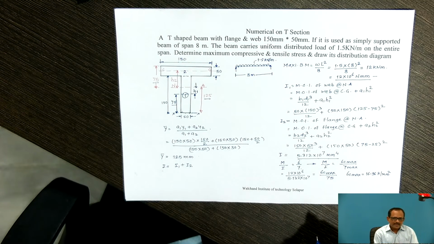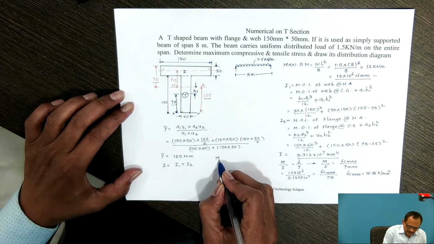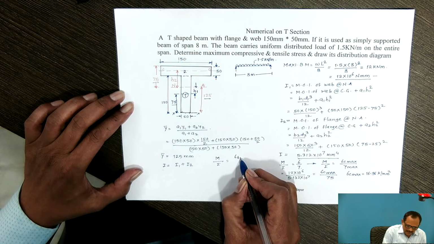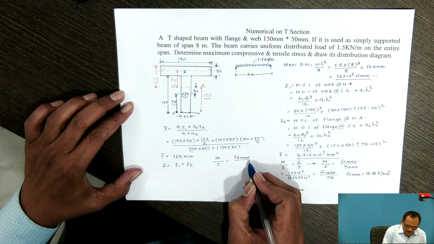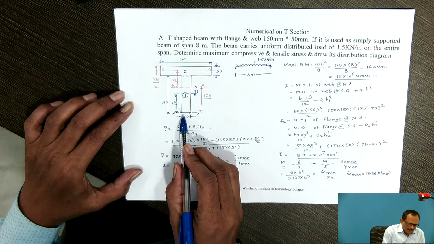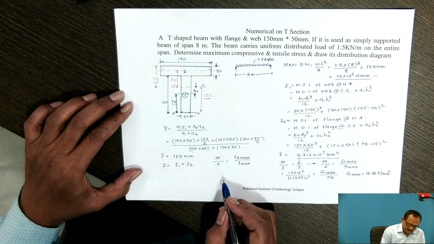Similarly, you can calculate the maximum tensile stress by using the bending equation M by I is equal to sigma t max divided by y max. Now as we know, the maximum tensile stress will occur at the bottom layer.